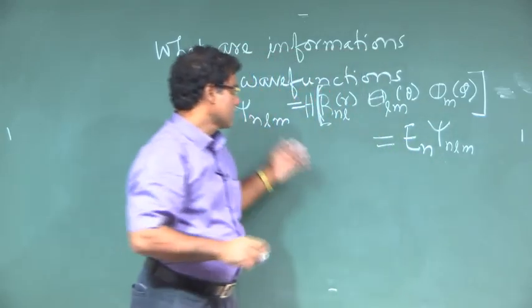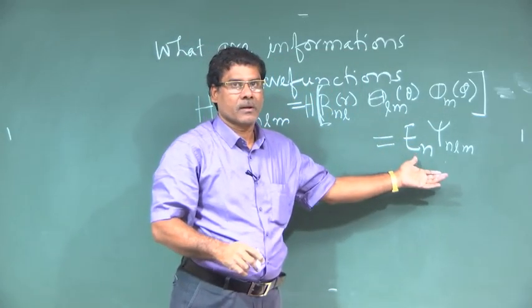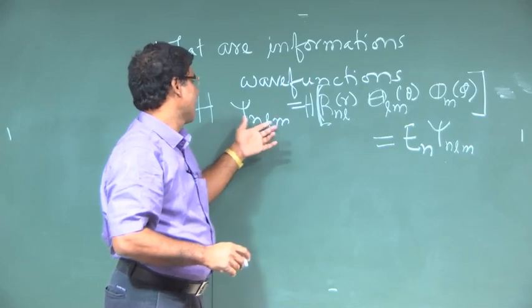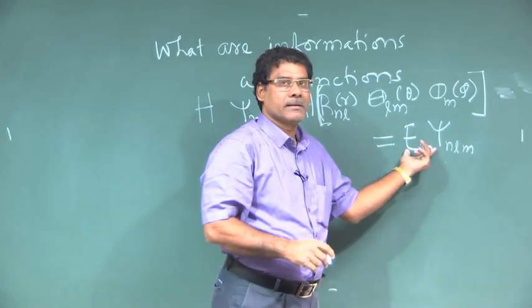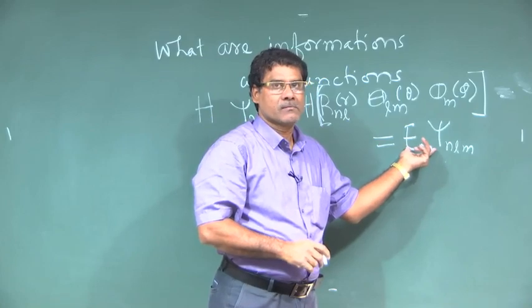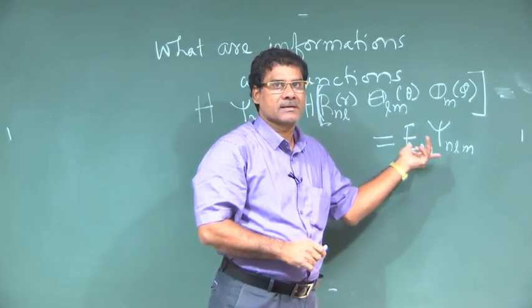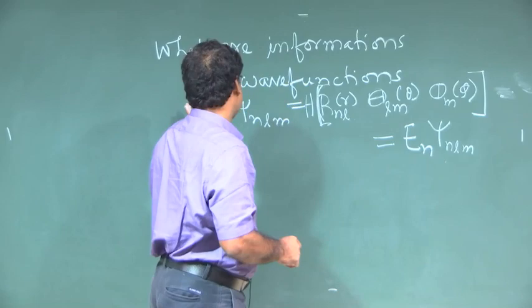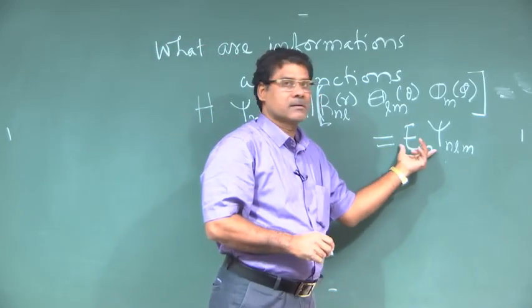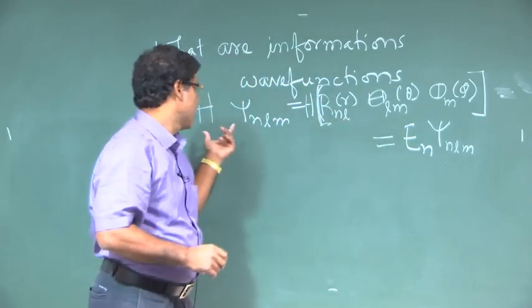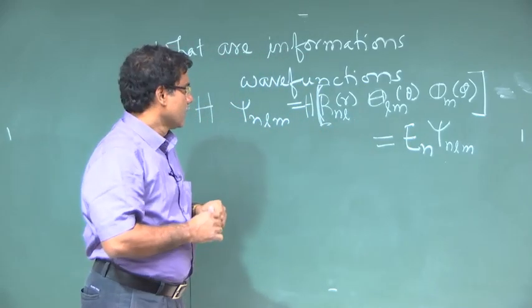Okay. So, this is the eigen equation, this psi n l m is the eigen function, and E n is the eigen value. In this case, it is energy, because we applied the operator, that is the energy operator, the Hamiltonian.